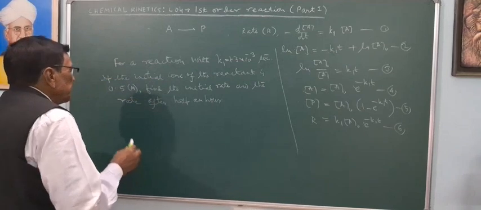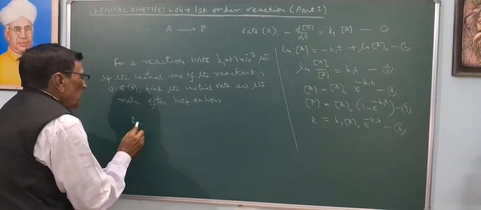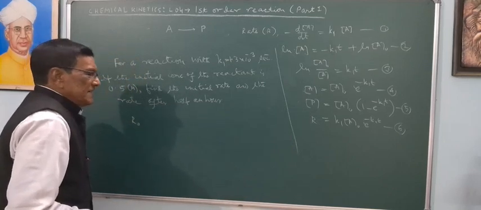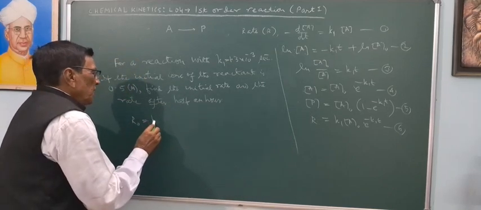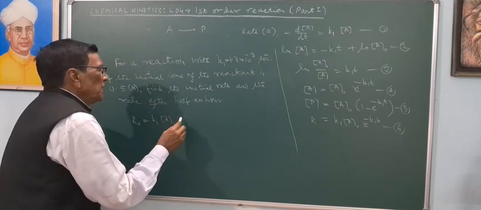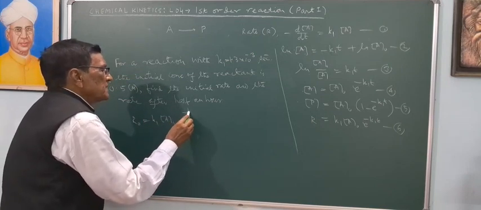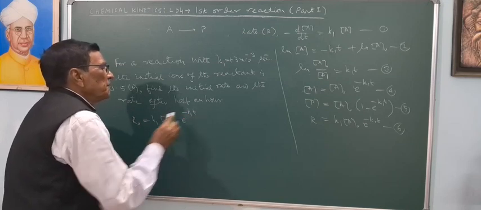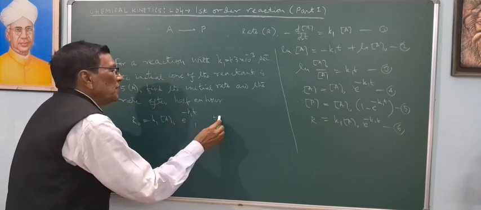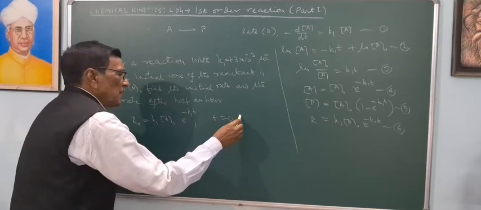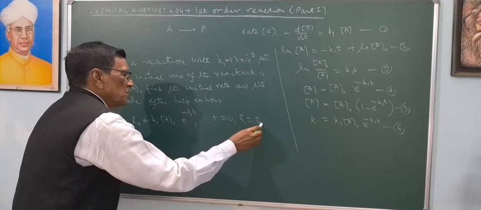The initial rate means R0. You can use equation 6: R equals K1 concentration of A0 into e to the power minus K1 T. Here T equals 0 for the initial rate, so R equals R0.